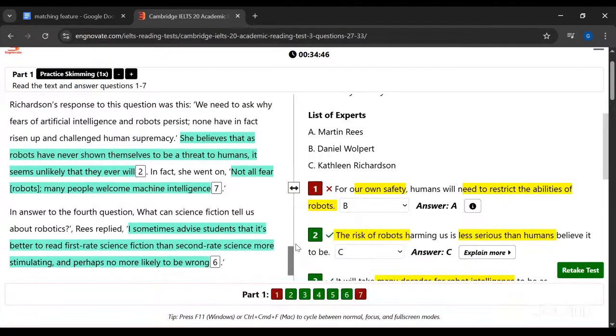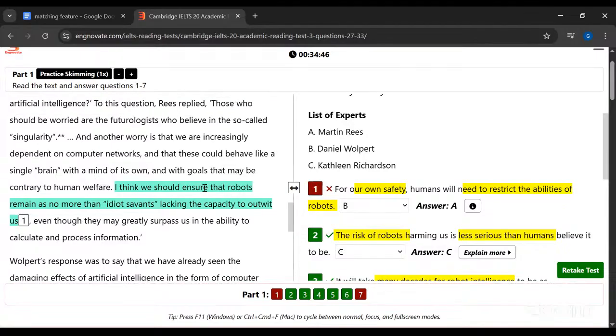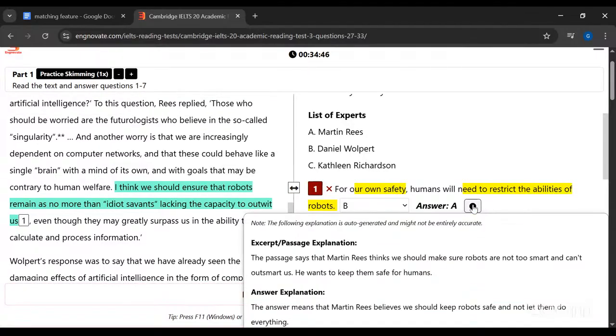Let me just go for the reference line for the first one. I think we should ensure that the robots remain as no more than idiot servants lacking the capacity to outwit us.